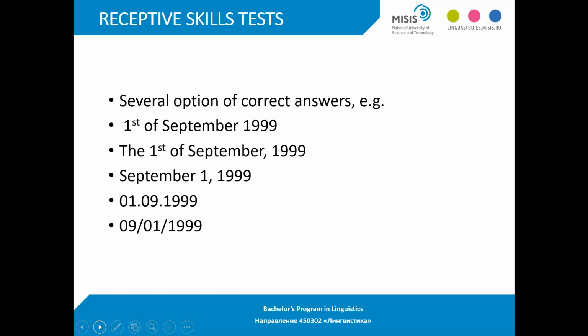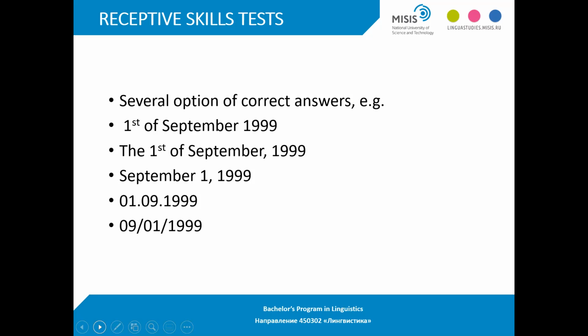It can be 1st of September, it can be the 1st of September, comma 1999, it can be September 1st, comma 1999, it can be the European standard 01/09/1999, it can be the American standard 09/01/1999, and some more.